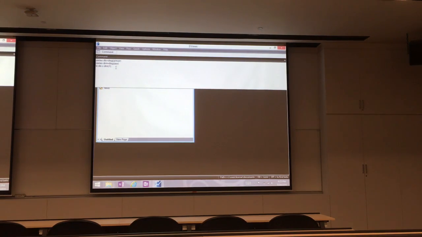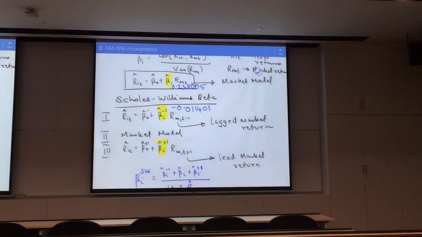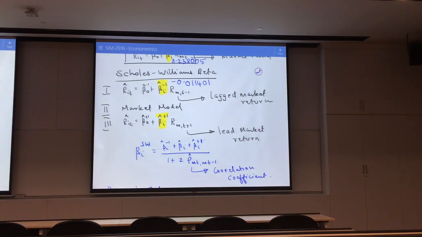Now we have the coefficient of DLN(1), 0.016992, which is your beta i plus 1 hat.